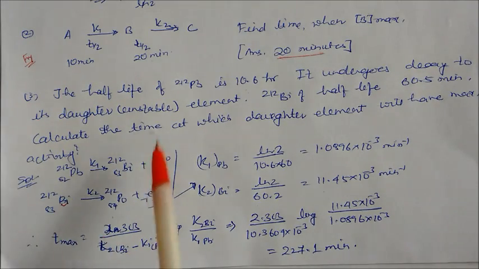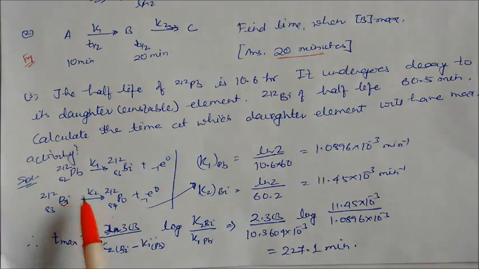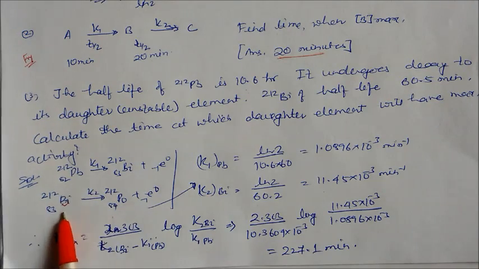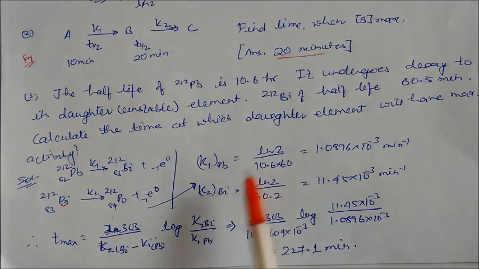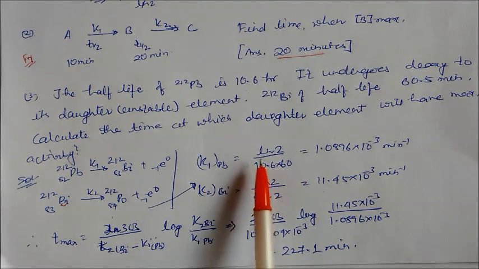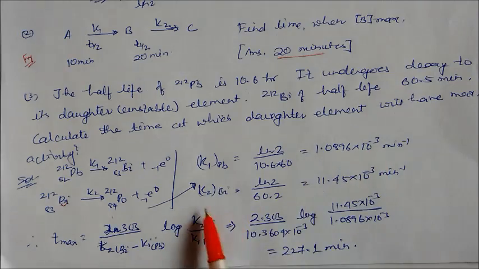So K1 for lead we can write from the first order reaction, log 2 by this much value, and K2 we will get this much value. Now you substitute these values in the formula. T max will be 2.303 by (K2 minus K1), K2 for bismuth, K1 for lead, into log of K2 by K1. On solving you will get the answer 227.1 minutes.